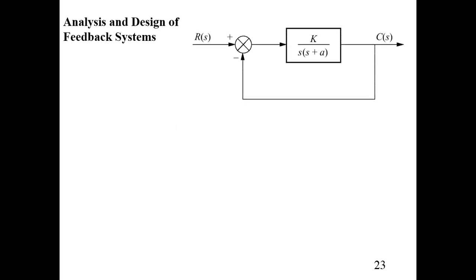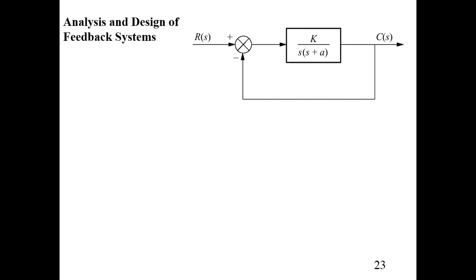We will also find the properties like percentage overshoot, settling time, peak time, and rise time. These properties can be found by first of all finding the equivalent transfer function from the feedback system.